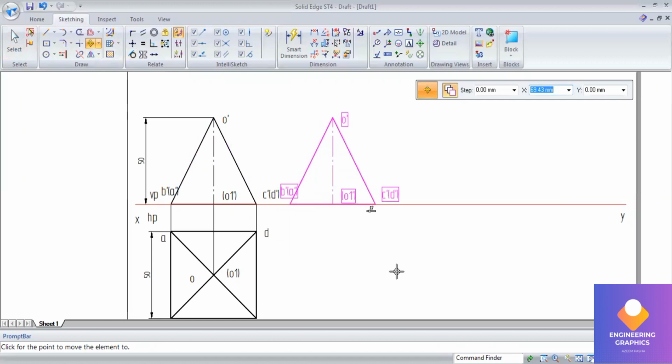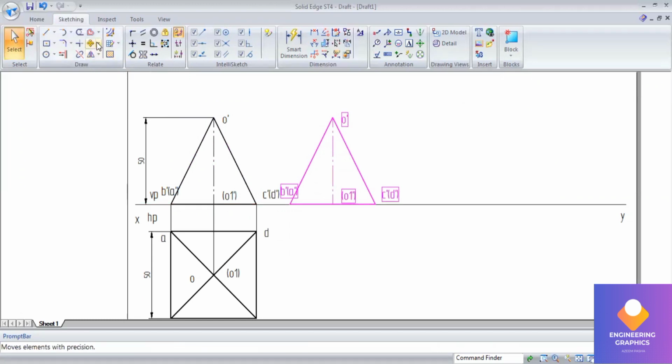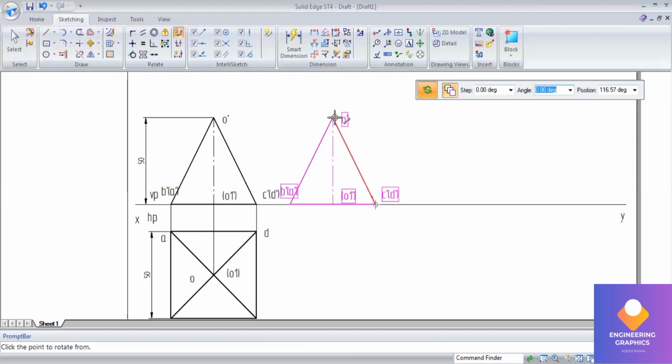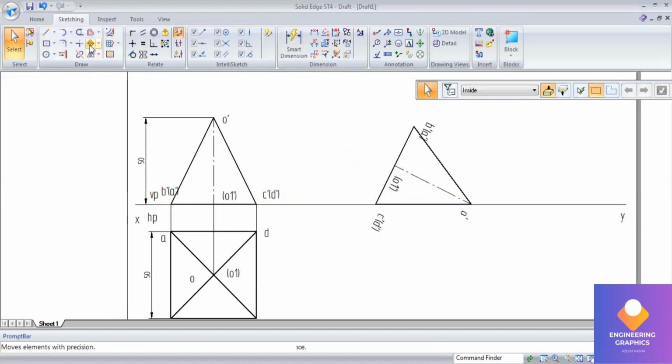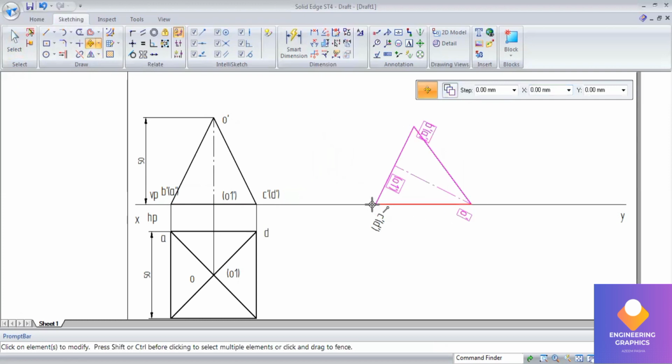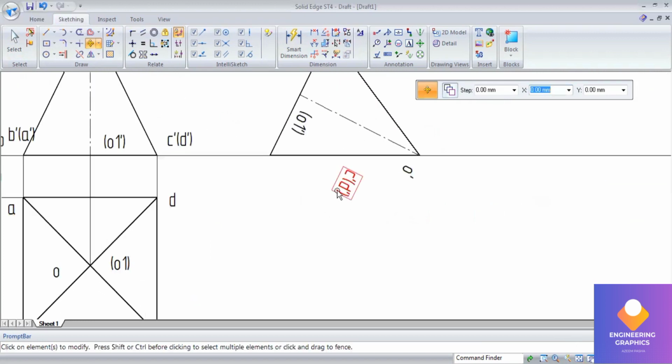Now select C dash, D dash and O dash edge and then rotate, touching on the XY line. Now project it downward to complete the second position, top view.